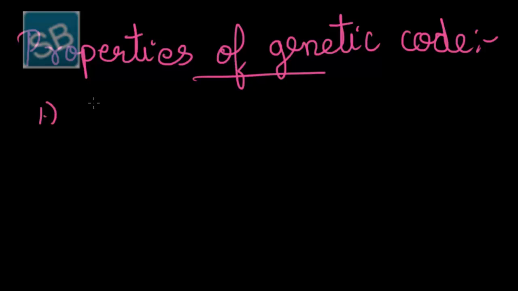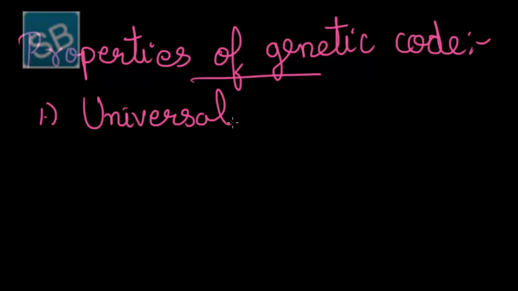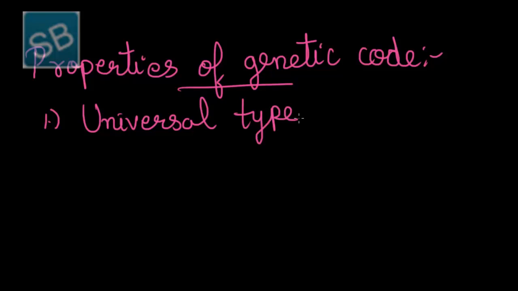First, genetic code should be of universal type. That is, the arrangement of 3 codons should be specific for any type of amino acid.